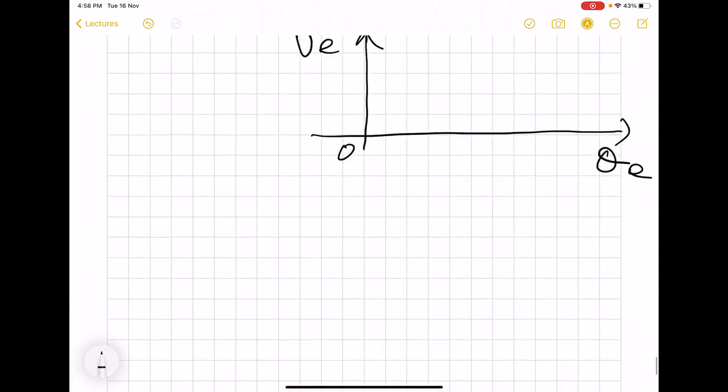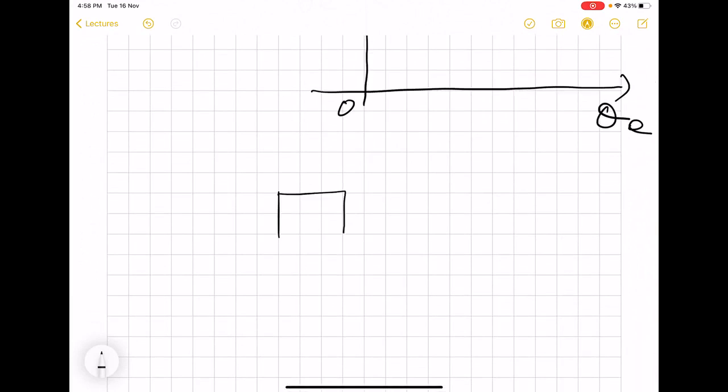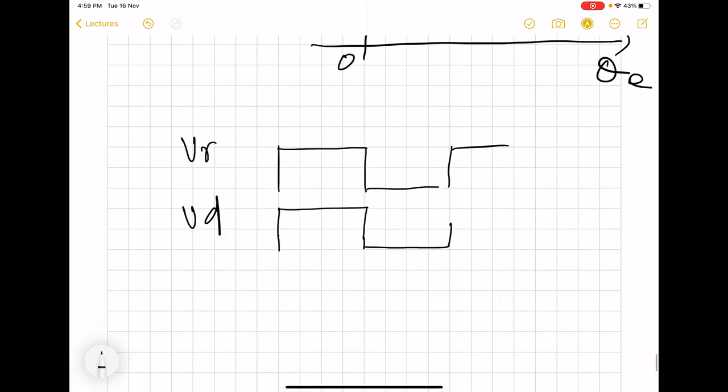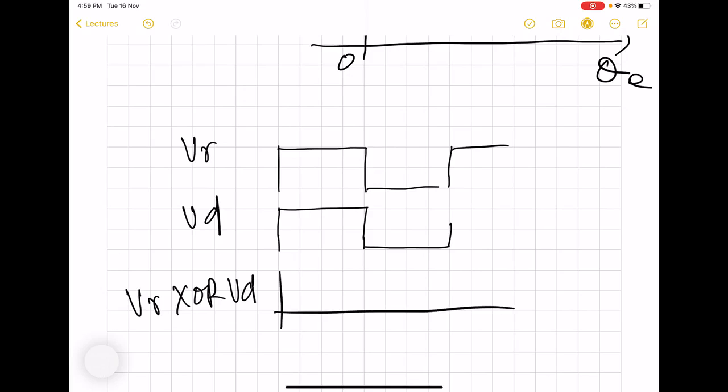So if we have this kind of signal, this is V_R, this is V_D. Now when we do V_R XOR V_D, what we get is ideally 0, nothing.